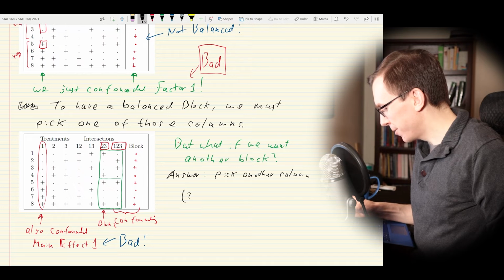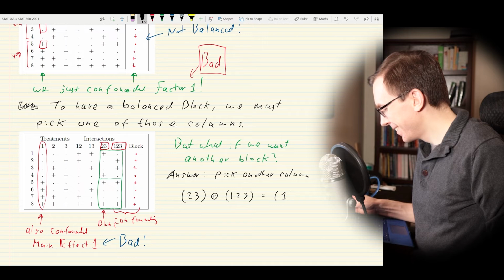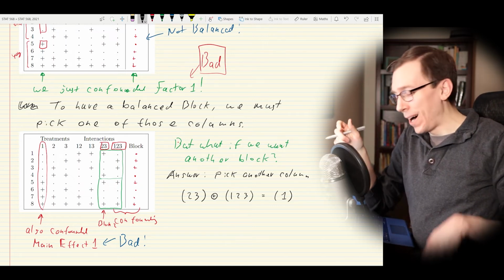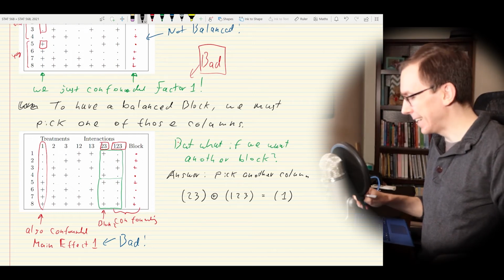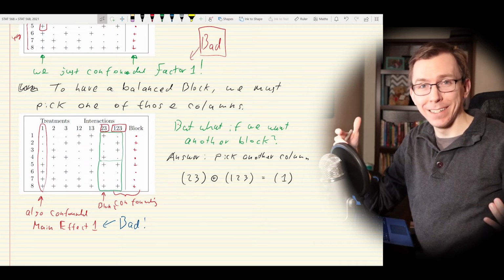So what we end up with is something like this. If we say 2 3, and I'll use this notation, plus 1 2 3, well, it turns out we get 1. Now, this is why I'm trying to write the notation like this, because it turns out that we can actually generalize this. This is what we call a group in mathematics.